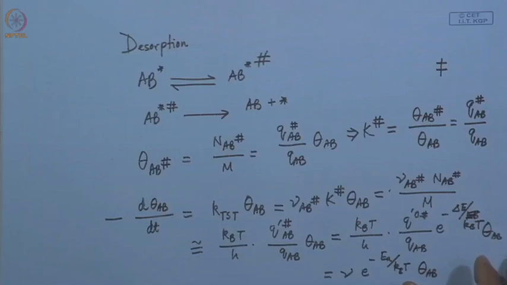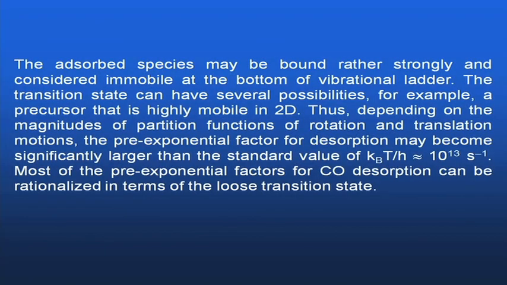So, the adsorbed species may be bound rather strongly and considered immobile at the bottom of the vibrational ladder. Once the species is adsorbed and bound rather strongly, and considered immobile, that means it is at the bottom of the vibrational ladder.